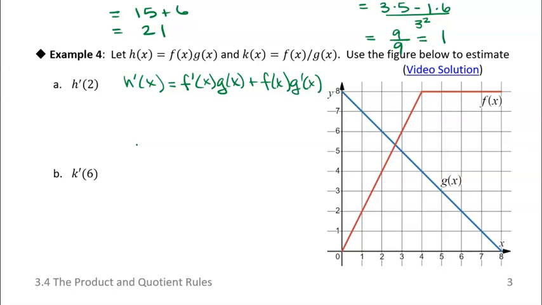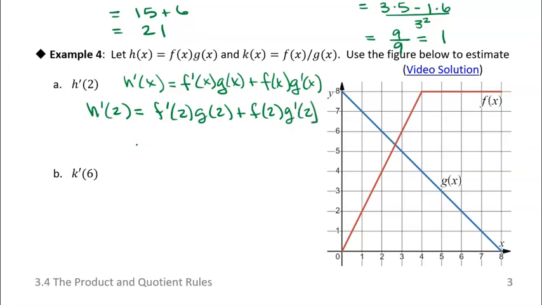And then all I need to do is put in 2. So I'll write it down here. H prime at 2 is just going to be f prime at 2 times g of 2 plus f at 2 times g prime at 2.